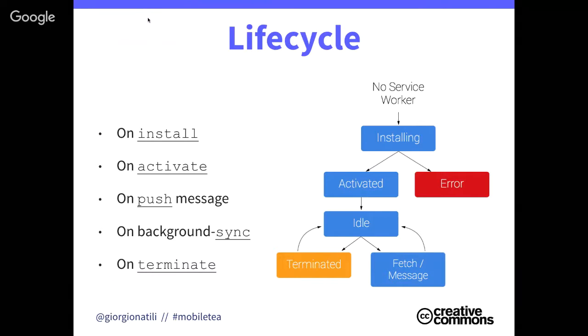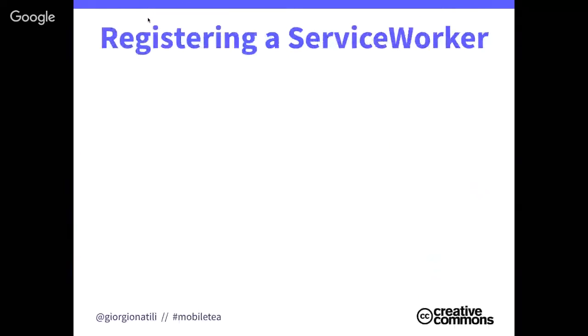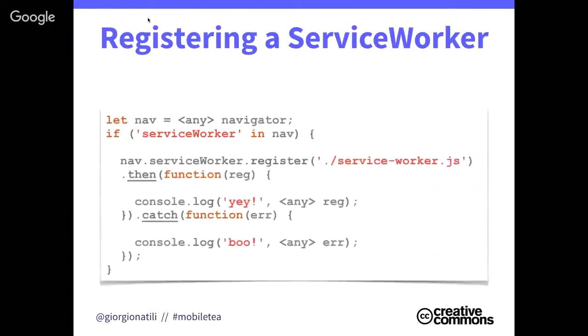Your wonderful service worker then stays idle and waits to fetch, to handle a message, to do whatever. You can use it to handle push notifications and background synchronization. And as the last thing, you can handle the terminated event. Maybe it's the right time to clear all the cache.